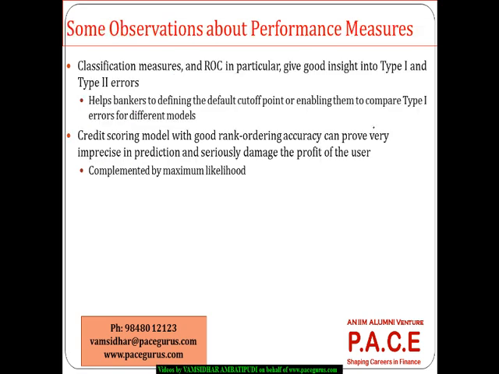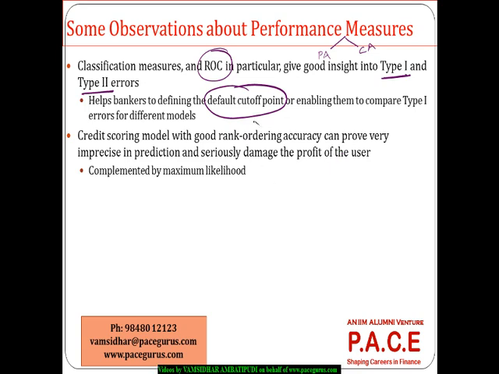So when I am looking at any of these performance measures, whether they are targeted towards prediction accuracy or targeted towards classification accuracy, the ROC is giving a good insight into type 1 and type 2 errors. So because of that, the bankers can very well target their default cutoff point and then do the comparison with respect to type 1 and type 2.